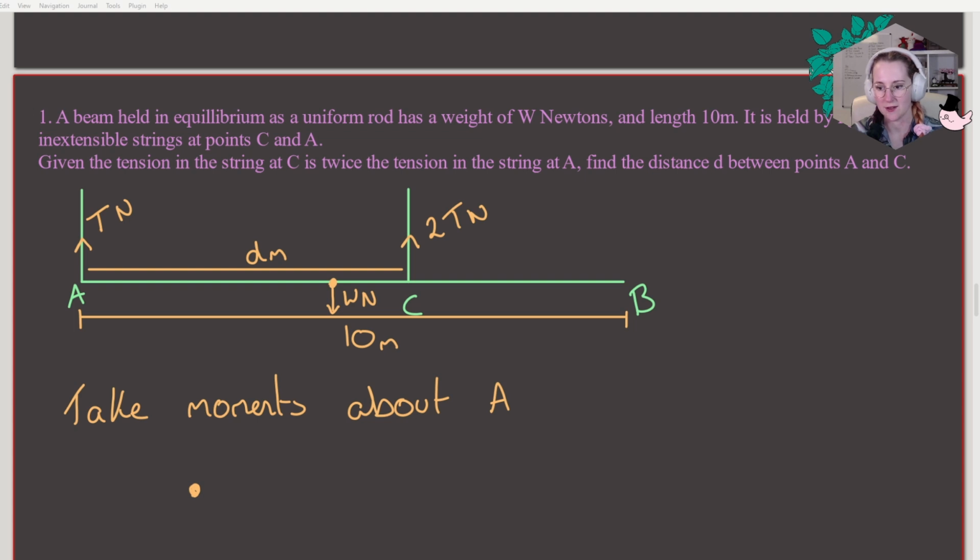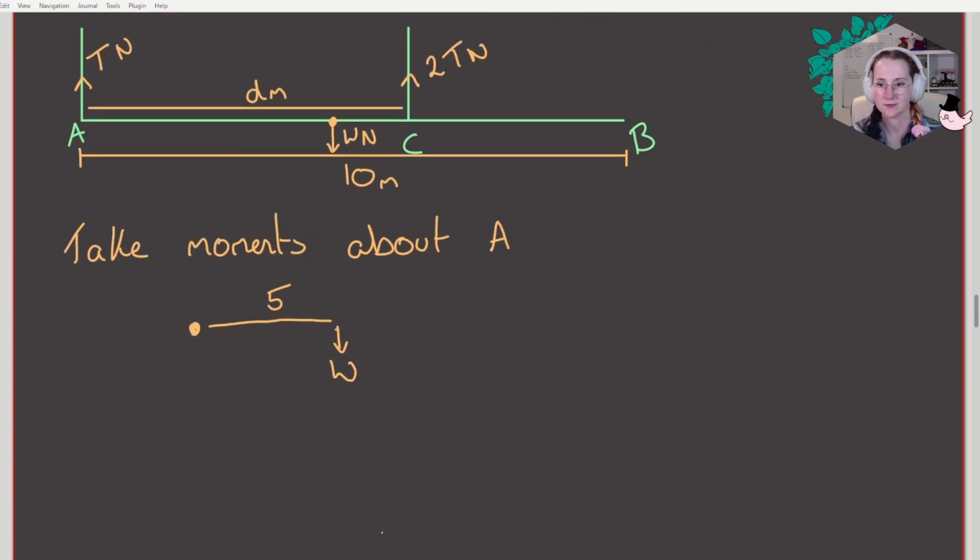Instead, we have a force moving downwards here, a force W, at a distance 5. Actually, I'm going to do it this way. So I'm going to say that's A, that is W, and this distance is 5, and this is D, and this is 2t.